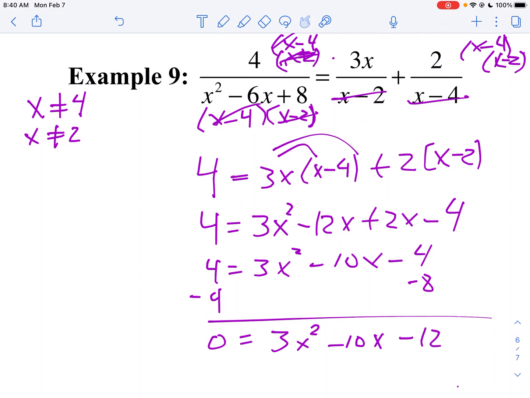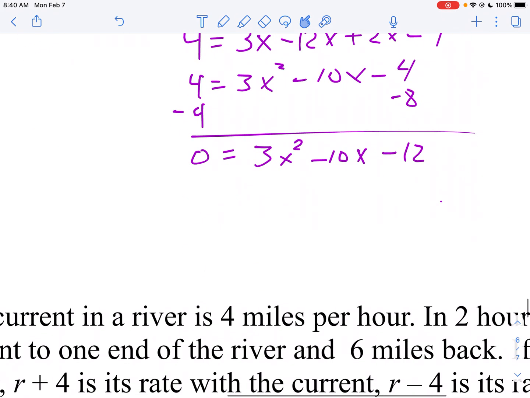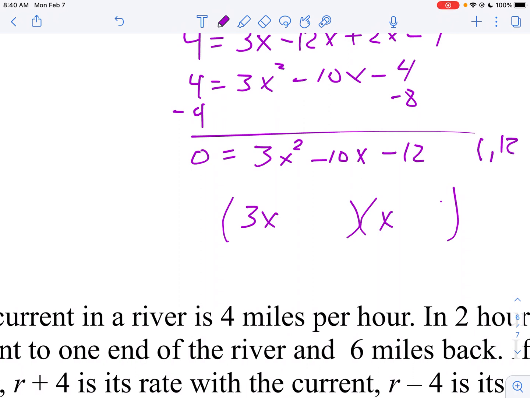And I'm thinking I can factor that. So let's go 3x and x. And I want to get 10. So if I do 1 and 12, that won't work. If I go 2 and 6, 3 times 2 is 6, that won't work. 3 times 6 is 18, that won't work.